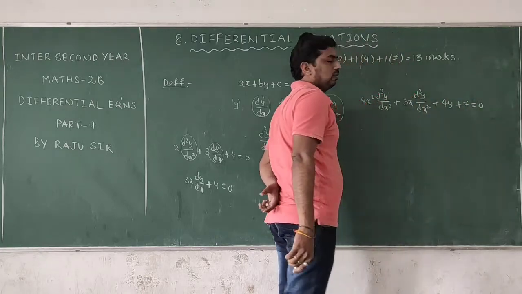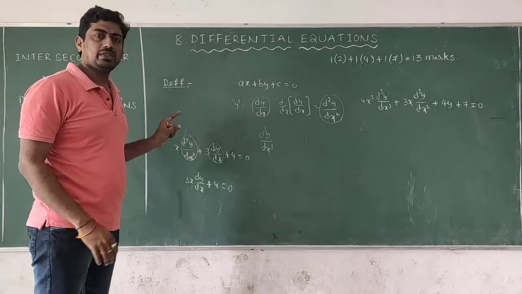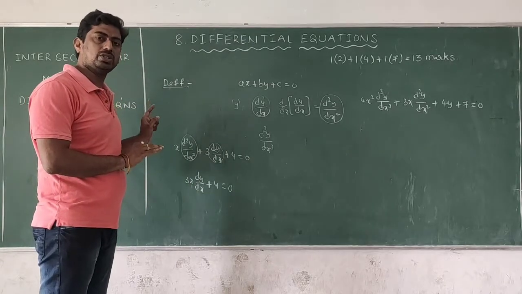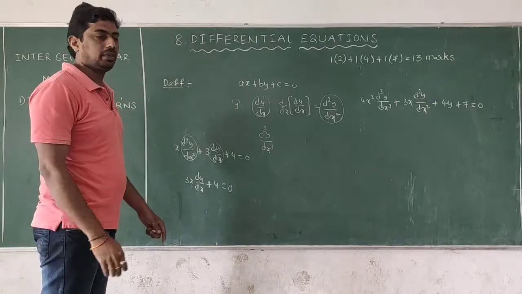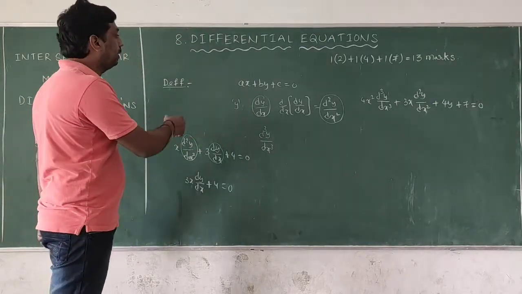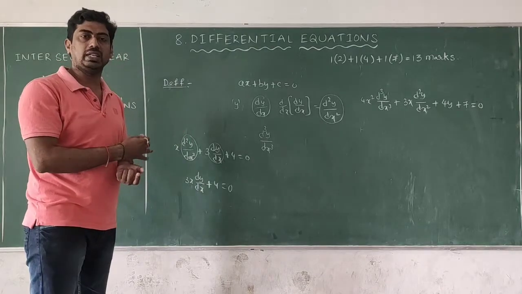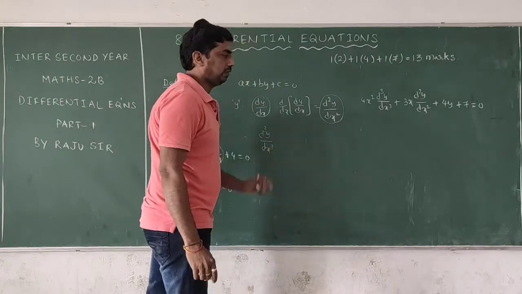This is also a differential equation. So the final definition is: an equation involving derivative terms is called a differential equation. I will give the notes after completion of the remaining definitions. This is about the differential equation definition.